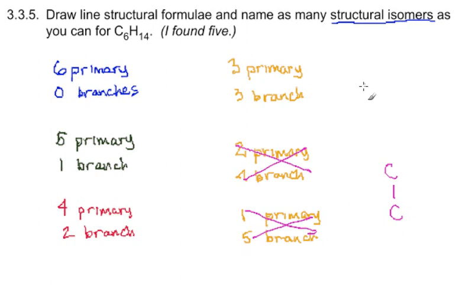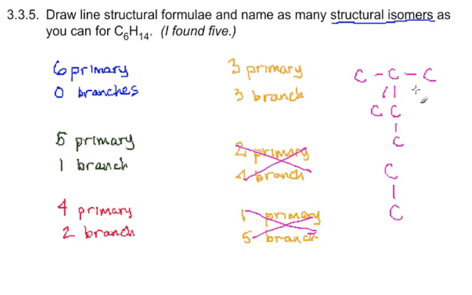This might work. If we do 3 carbons in our primary, can I put 3 carbons worth of stuff on branches? I can go C, C. I was thinking of putting another one, but I can't have 3 branches coming off here because this carbon only has 4 arms, so that's a hard limit.